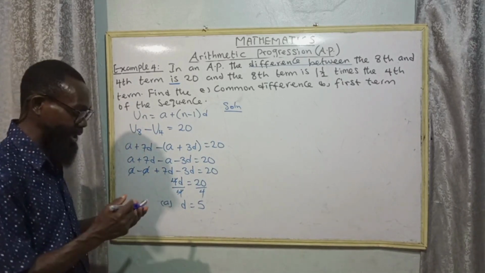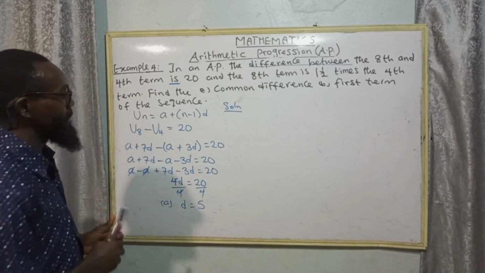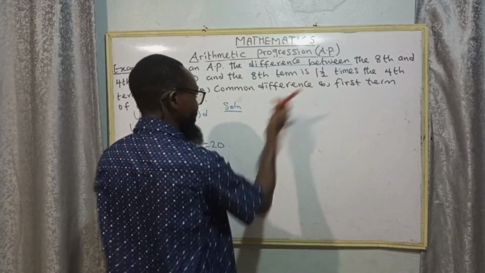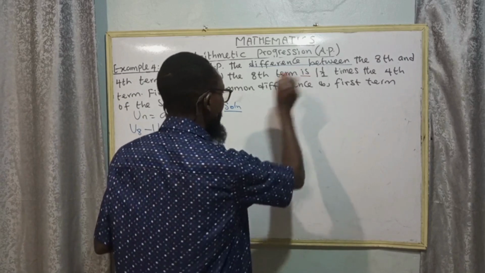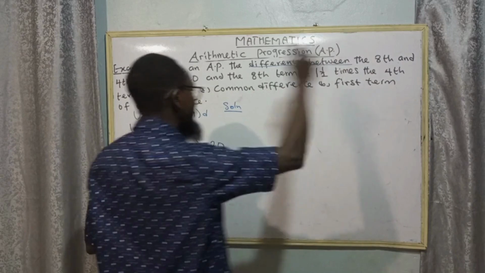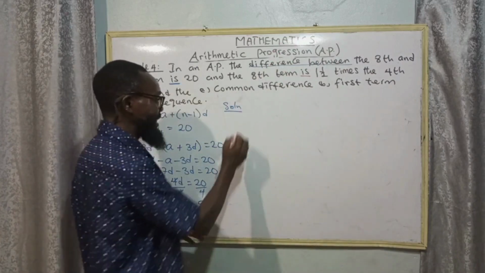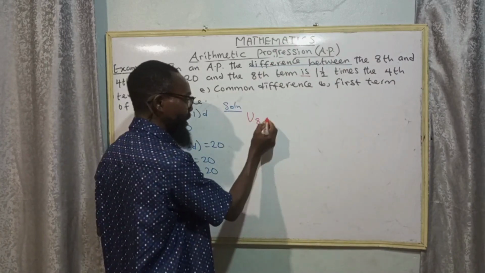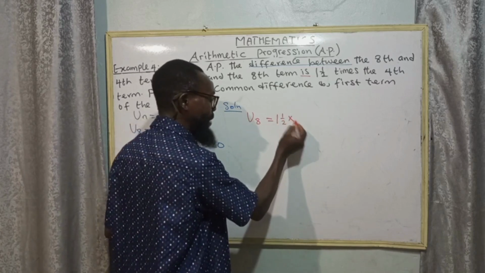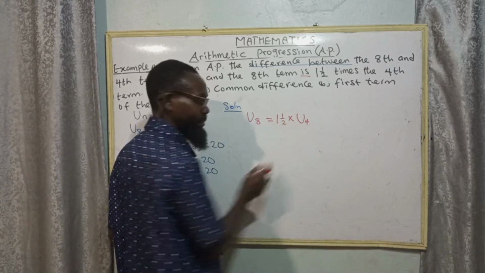So let's go by the second sentence. And the 8th term is, don't forget the meaning of is, equals to. The 8th term is equal to 1 whole number 1 over 2 times the 4th term. The 8th term, U8, is equal to 1 whole number 1 over 2 multiplied by the 4th term.